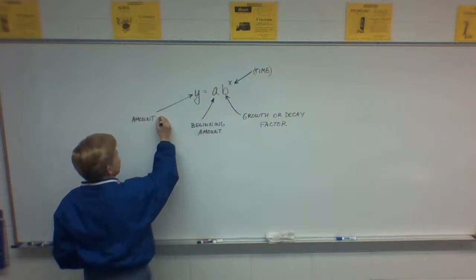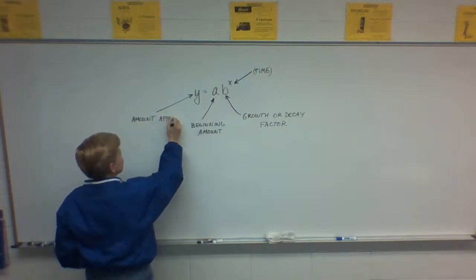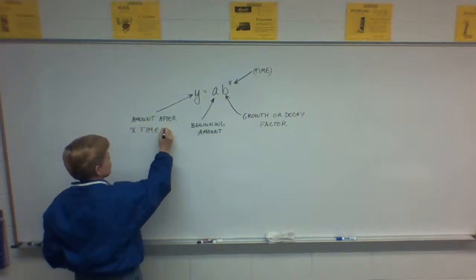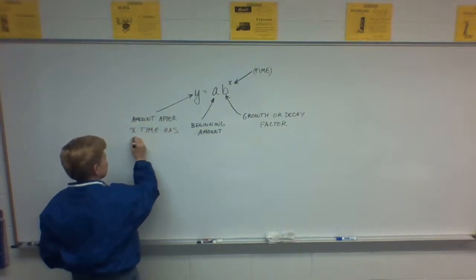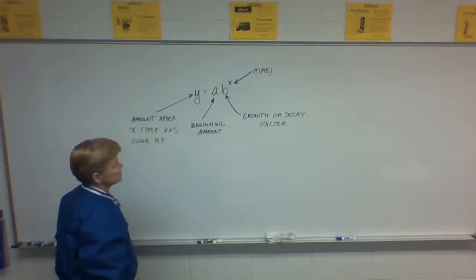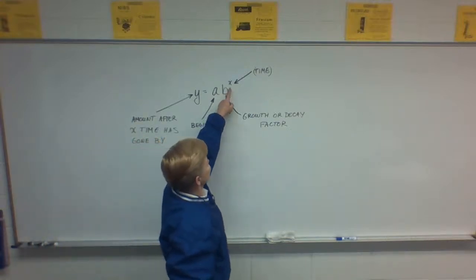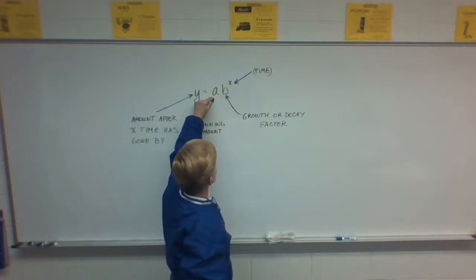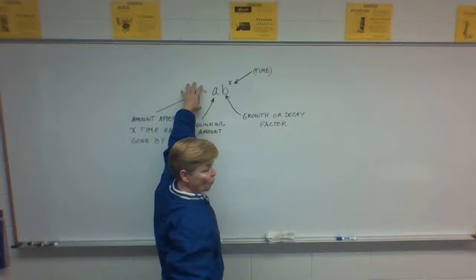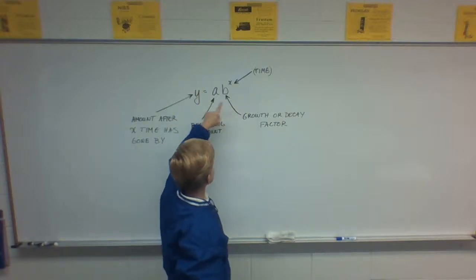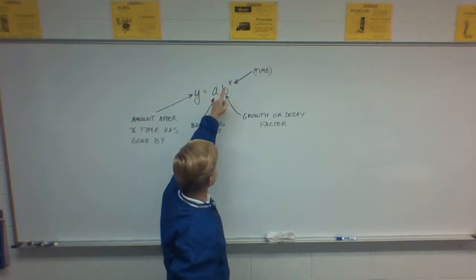It's the amount after x time has elapsed or has gone by. So if I let x be 4 hours or something like that, then I use b 4 times, I multiply by the beginning amount, and that's how much I have now. And if I make it 5 hours, then this will change to whatever that 5 hours will make it change to.